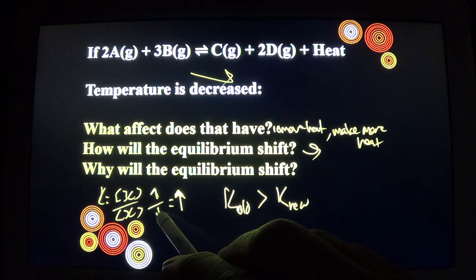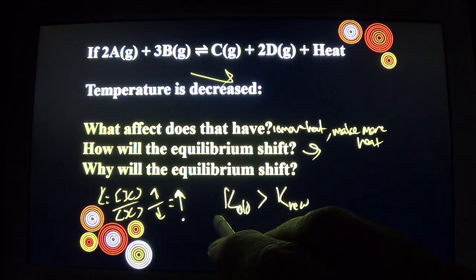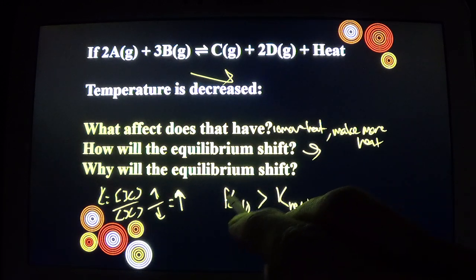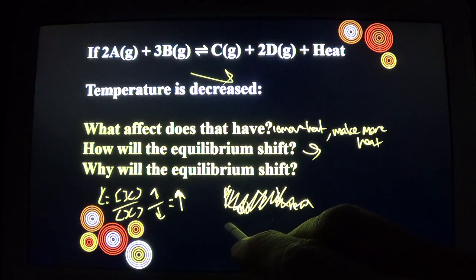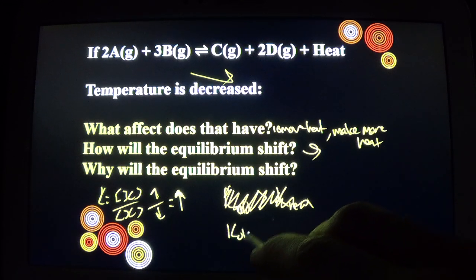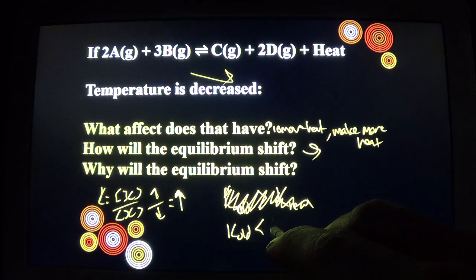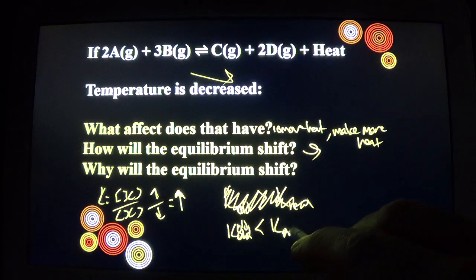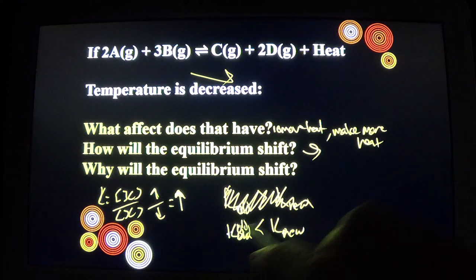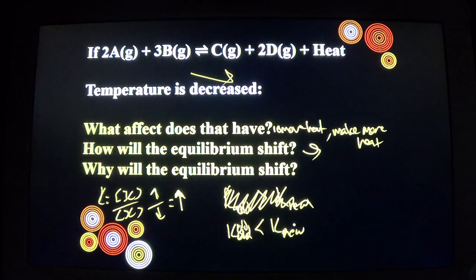That's what I've said, right? Yes. So K new is going to end up greater than K old. Wow, I did that. No, I didn't want old there. K new. Okay, so K new is going to be greater than K old.